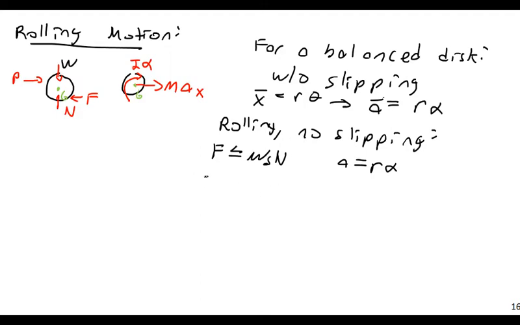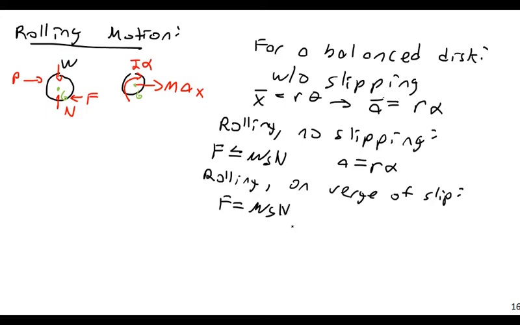If this is going to be rolling but there is no slipping, in other words, the bottom surface of the disc is not sliding along the ground, the frictional force must be less than or equal to mu static times N. Rolling, but on the verge of slipping, you would have F equal to mu static N. So in other words, I'm applying the maximum frictional force possible, mu static N, and again, A equals R alpha.